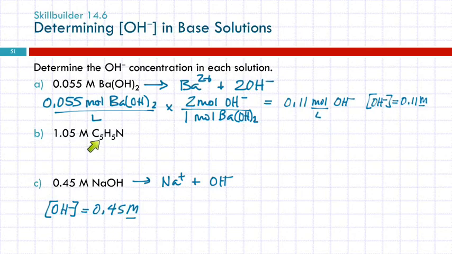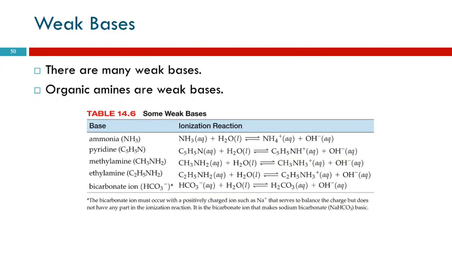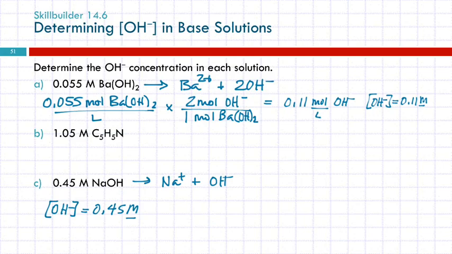Okay, this one. Does that even really look like a base to you? Probably not. You see this nitrogen here? I wouldn't give you this on an exam, but here you could go look in the table and see that that's pyridine. That is a weak base. So the weak base in water only goes partially.